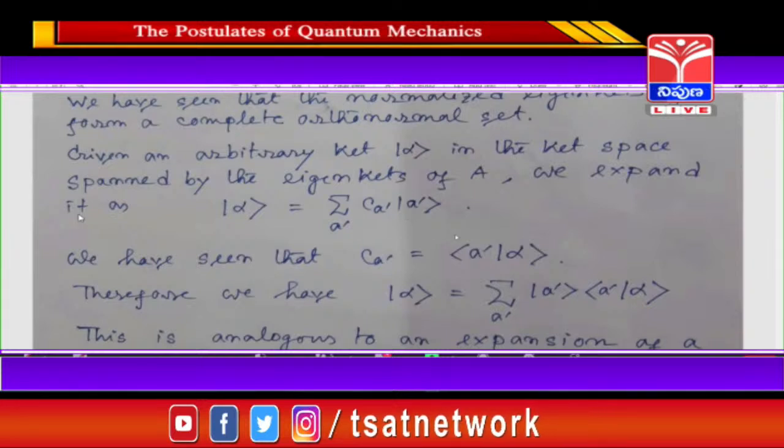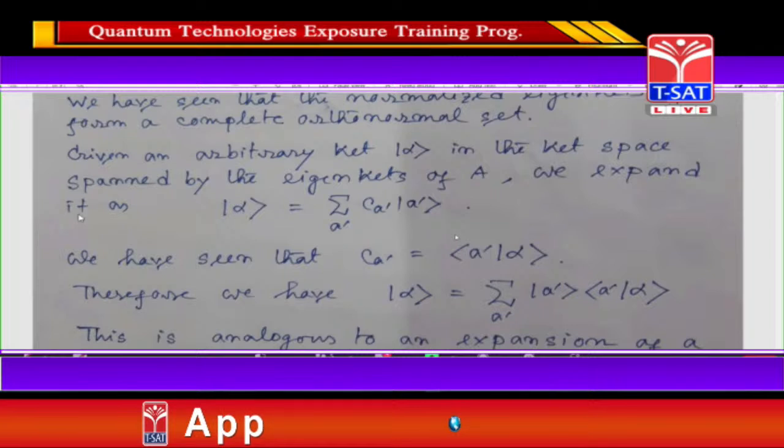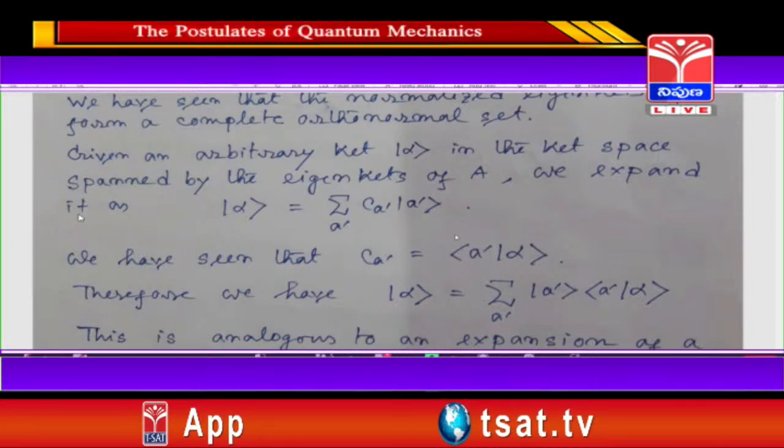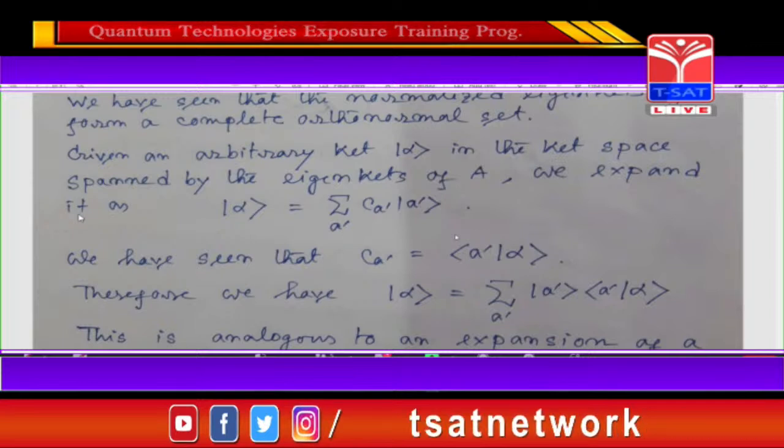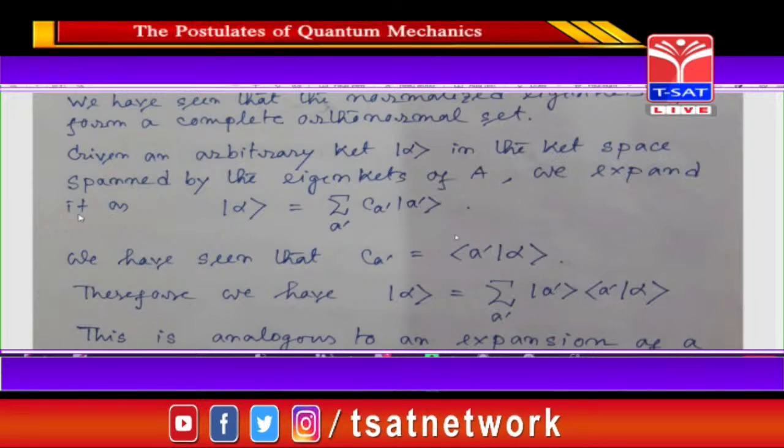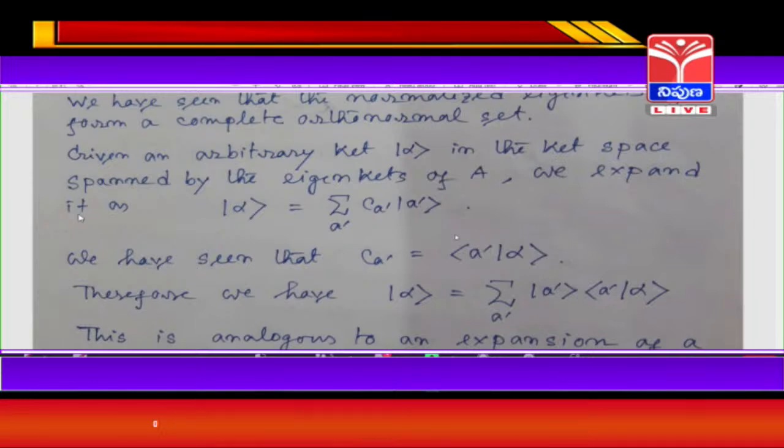Now we know that this multiplication is linear, so Ca prime will be outside of the multiplication, and we can take the bra A prime within the summation, and we have sum over A prime Ca prime times the inner product of A prime with A prime.